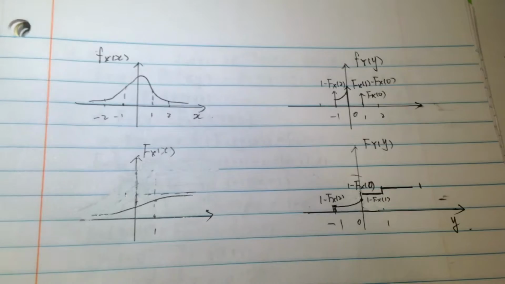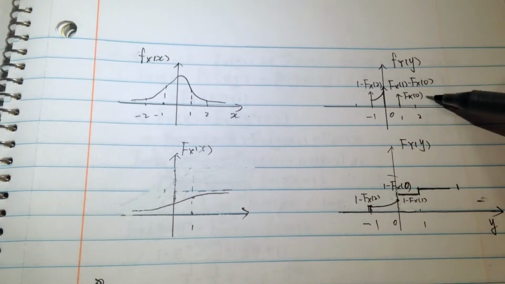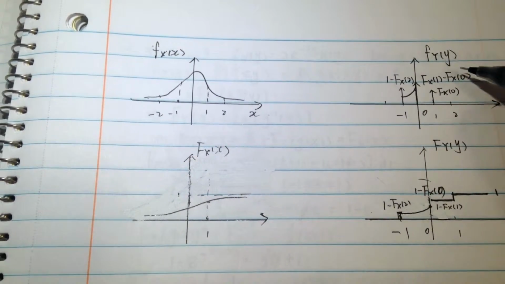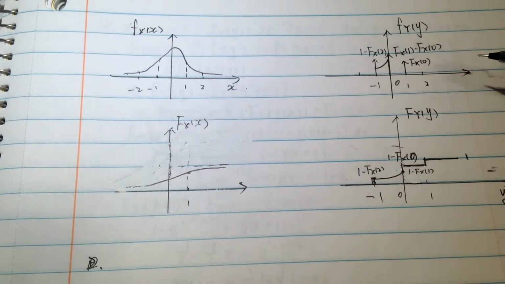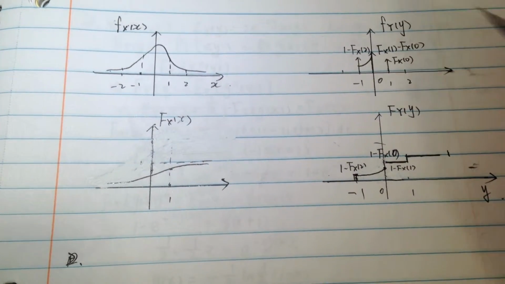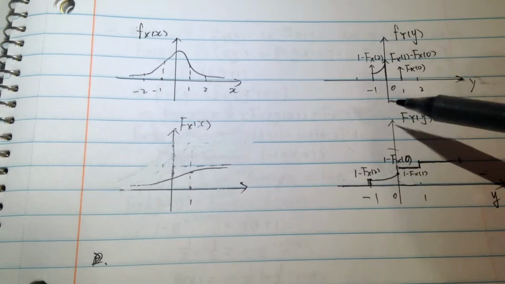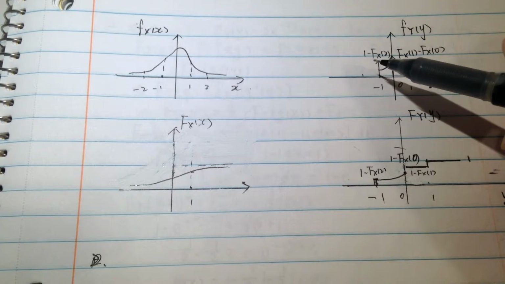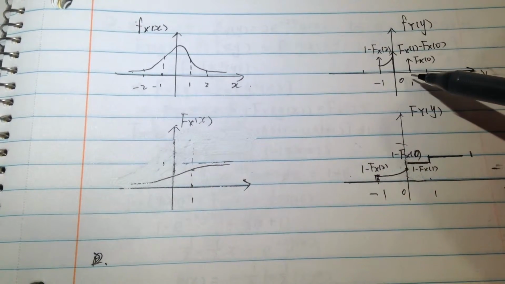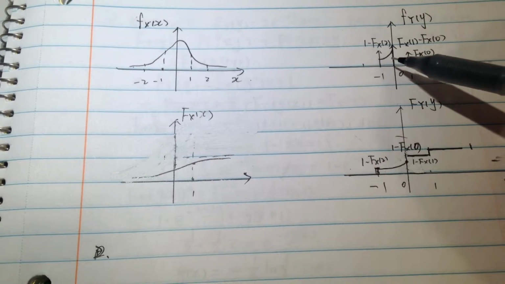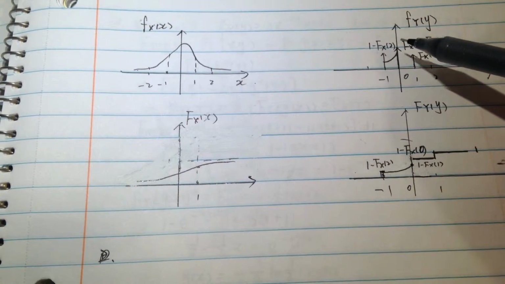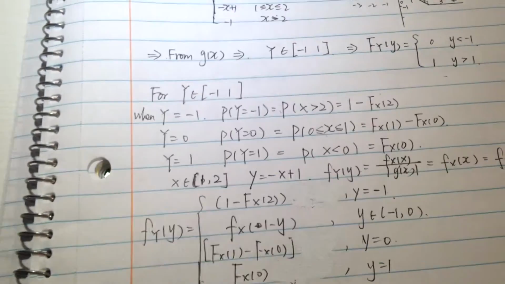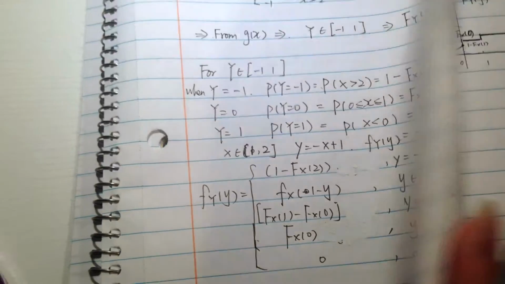So let's draw the diagram of the density function. Here at Y equals minus 1 is an impulse function, and the area is 1 minus Fx(2). Between minus 1 and 0, we can get from the expression here fx(1 minus y).